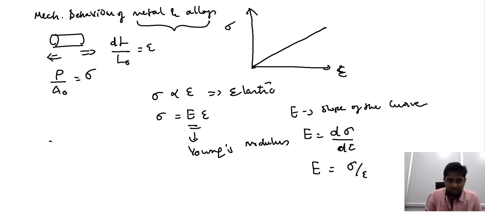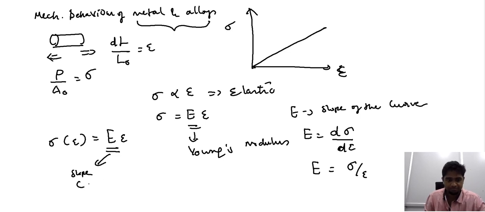Here, instead of free energy, we have stress that is dependent on strain, and that is of this form here. Now this constant of proportionality is the slope of the curve, that is the derivative of the function, and it can also be estimated just by taking the ratio of stress and strain.